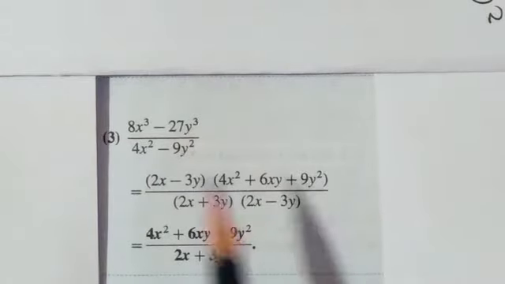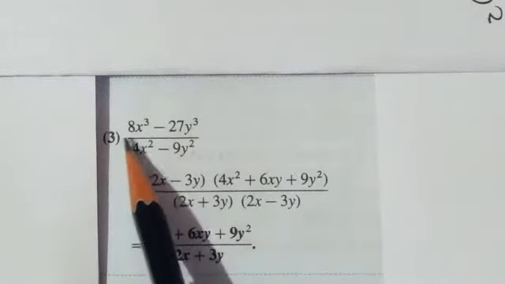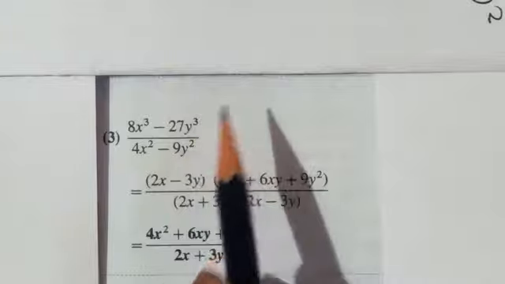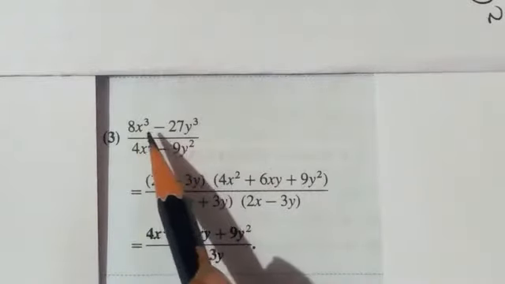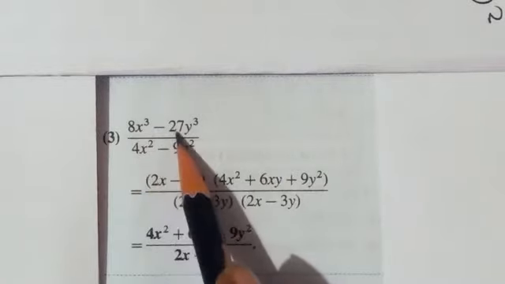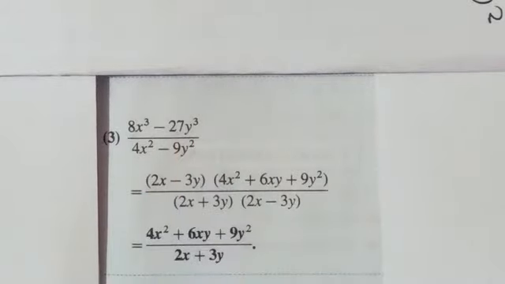Now let's go with the third question. 8x raised to 3 minus 27y raised to 3. As we know, just as we have studied now, 8 is the cube of 2 and 27 is the cube of 3.